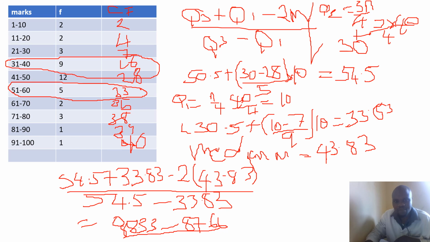If we take this one divided by that, and if you work out that, you're going to get your answer equivalent maybe to 0.303 something of the sort.